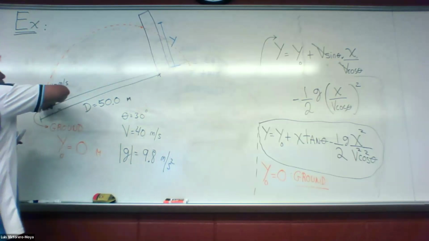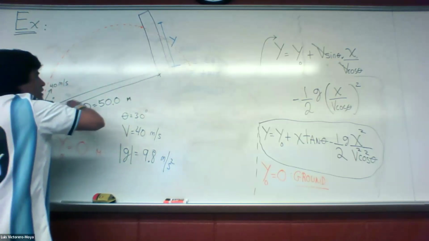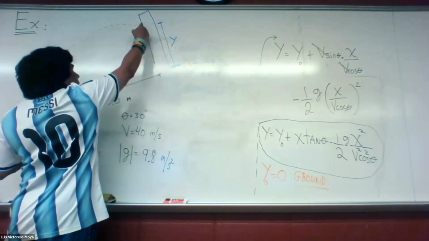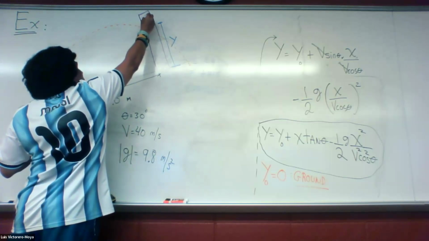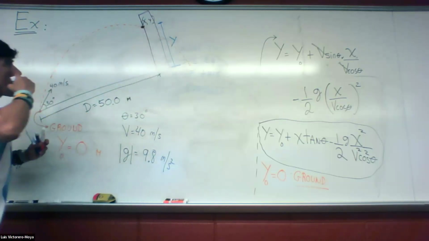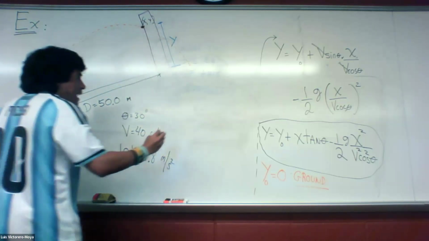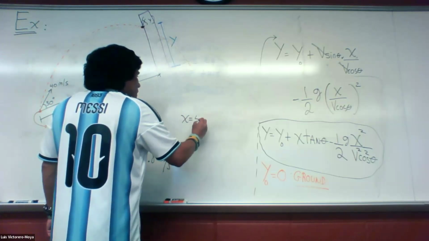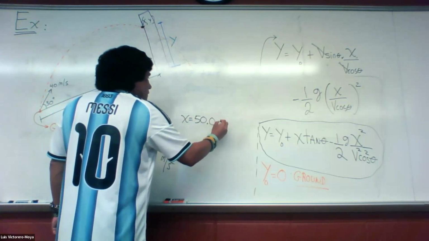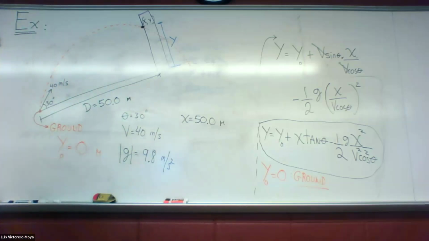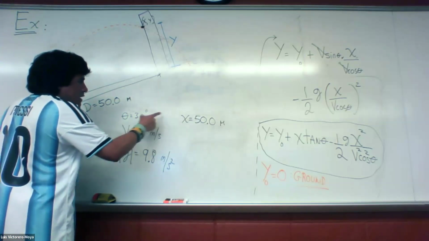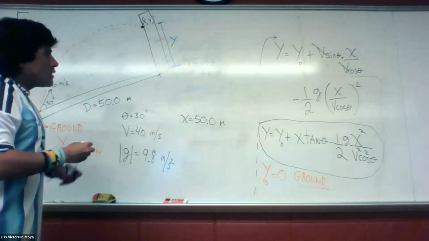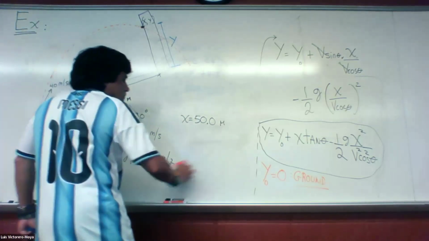Well, for this parabola, for this value of x, that's your value of y. This point is x comma y. That means that x is 50 meters. So now I can find y. I have v, g, theta, x. I can use that. So now let's use it.